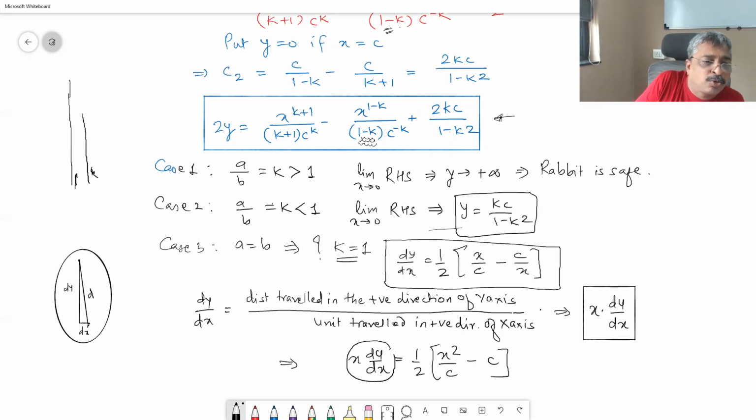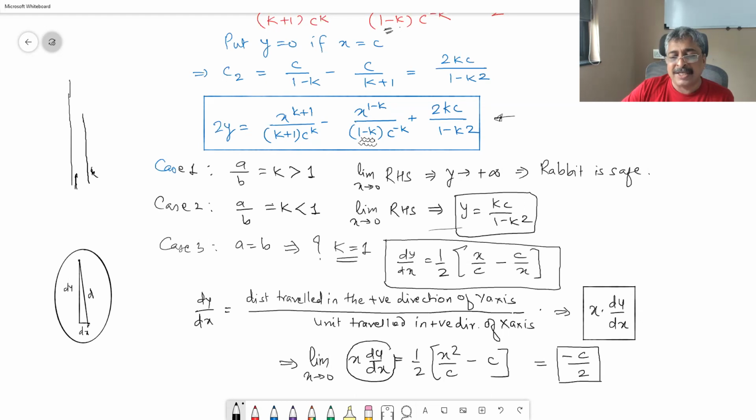They are almost parallel lines for all practical purposes, and therefore the distance between them is going to be constant. So we will have to evaluate this limit as x tends to 0. As x tends to 0, the distance between them is going to be equal to minus c by 2. For numerical purposes, it is c by 2. So they will keep running behind each other keeping distance c by 2 if their speeds are equal.